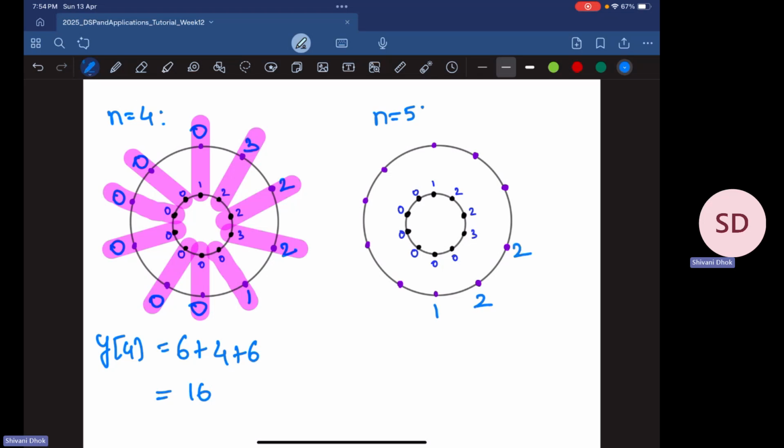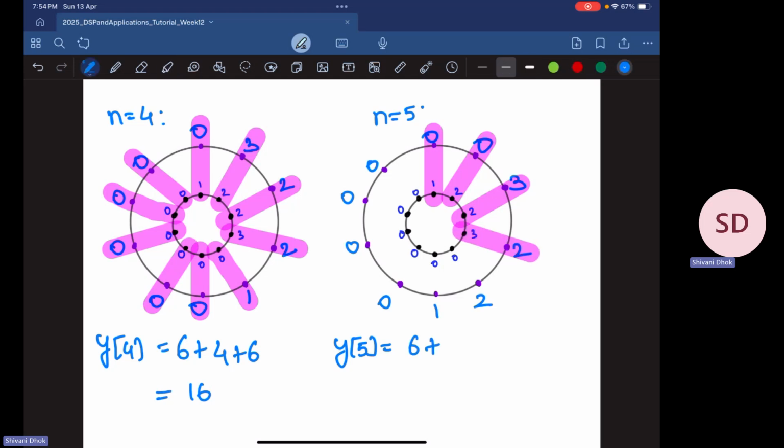Okay, so now we have y of 5, which is equal to 0 into 1, 0, 0 into 2, 0, 2 into 3, it is 6, plus 2 into 3, it is 6. Then we have 2 into 0, 1 into 0, and all the remaining terms are 0. So this comes out to be equal to 12.